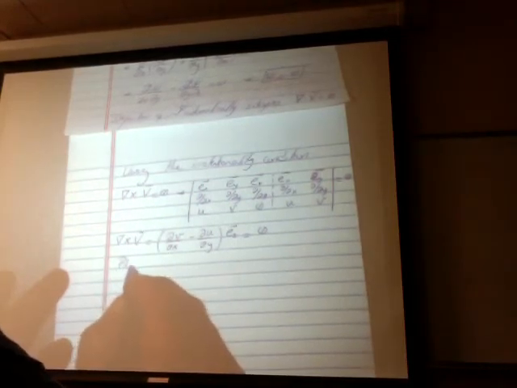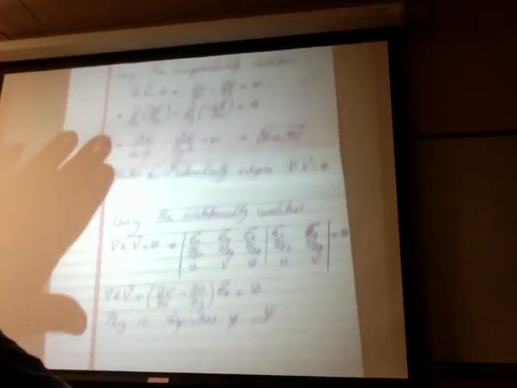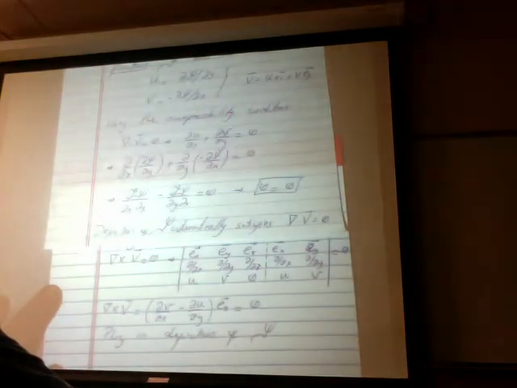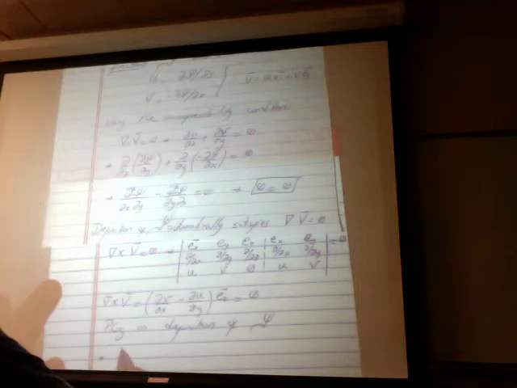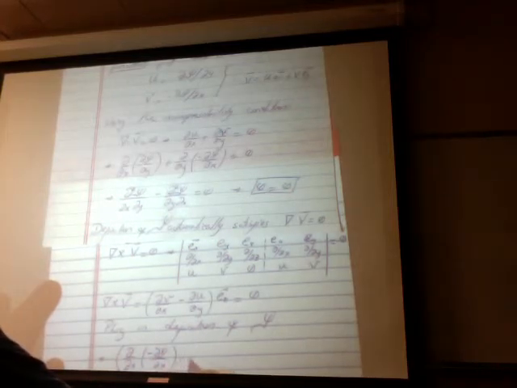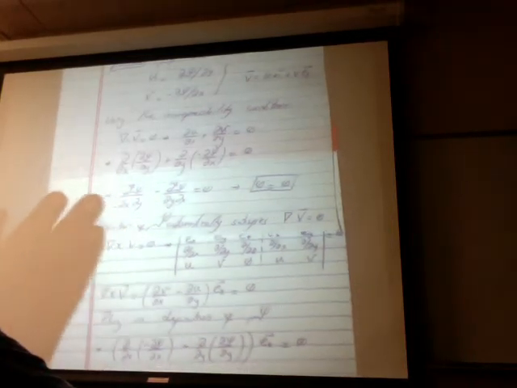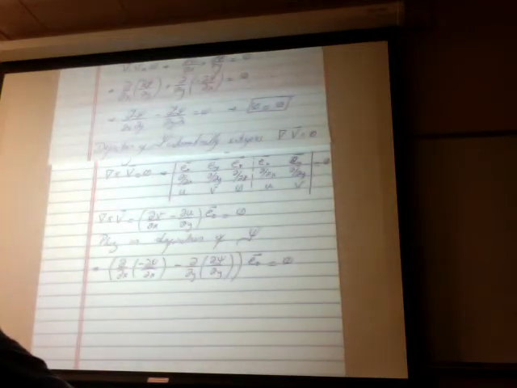So plug in the definition of psi. Remember, psi we defined up here as u being d psi dy and v being minus d psi dx. So that means that d dx of v, which is minus d psi dx, minus d dy of u, which is d psi dy, in the z direction must be equal to 0.